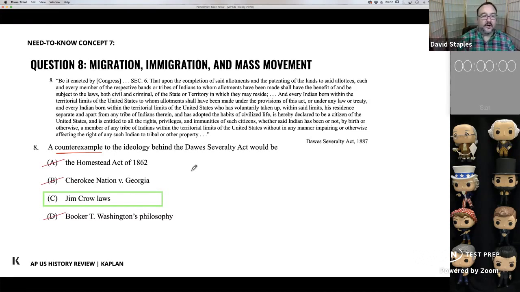Jim Crow laws were passed to keep them apart, but the Dawes Act was passed to force them to interact, so that eventually the American Indians would lose their way of life and become just like everyone else, in theory. So that's why 8 would be C: they had opposite goals.